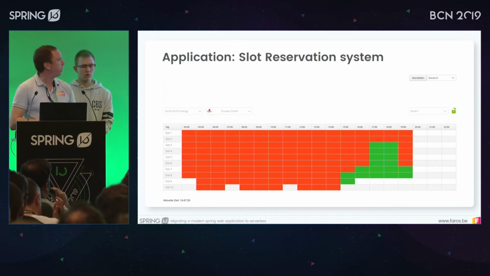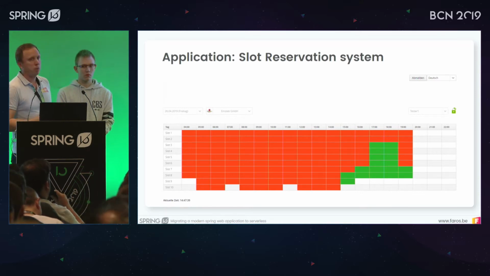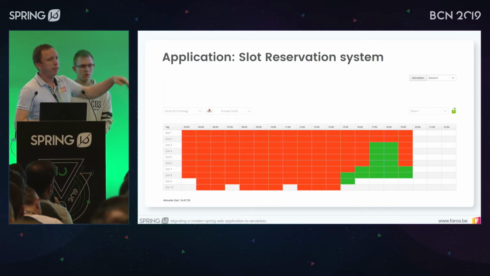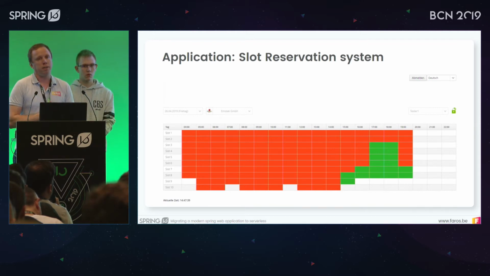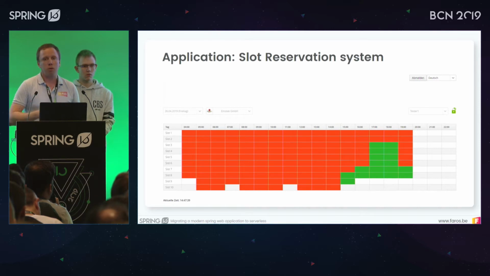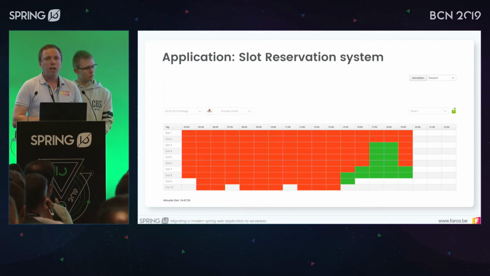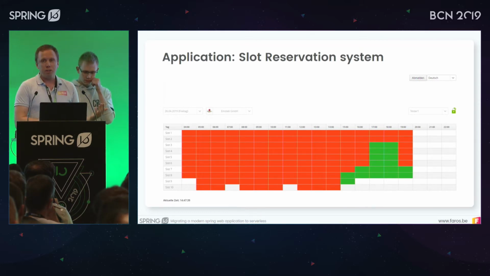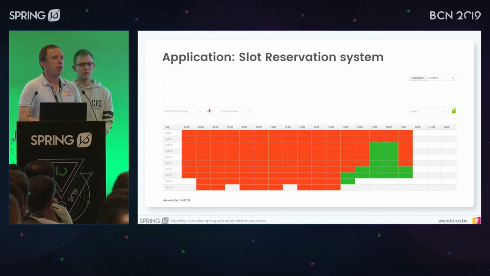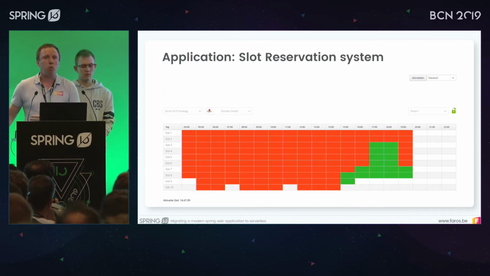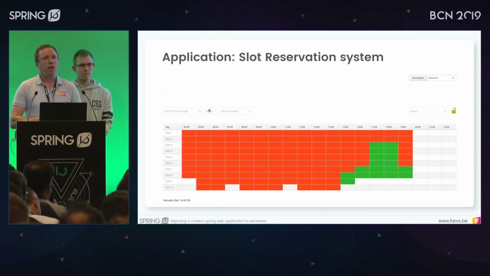And so you see immediately when the application starts up at 10, the first slots get reserved immediately and the other ones might get a little bit less interesting. Of course, if you don't have a choice anymore, then you have to take it. But that's the idea. And then afterwards, it's like maybe 10 minutes of reservations. And then afterwards, the application is more or less not used the rest of the day. And so this is in fact a very interesting use case where otherwise with a typical application, the application would always be up and running.